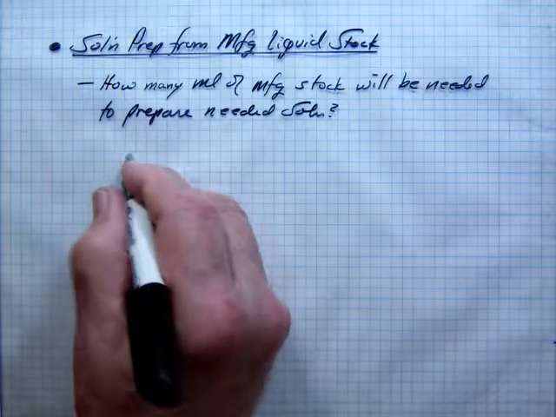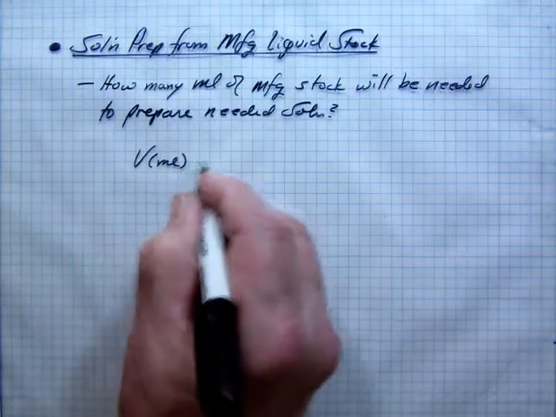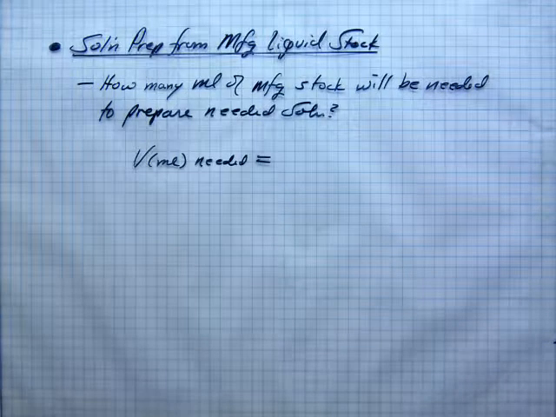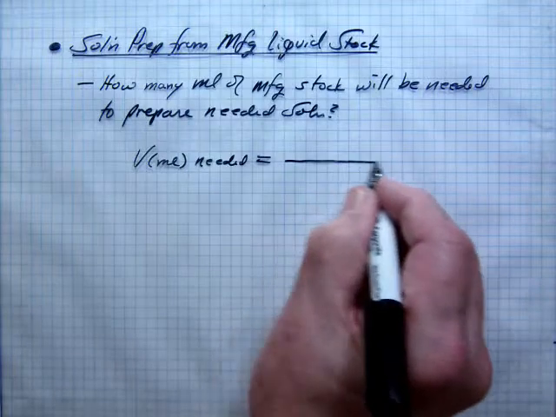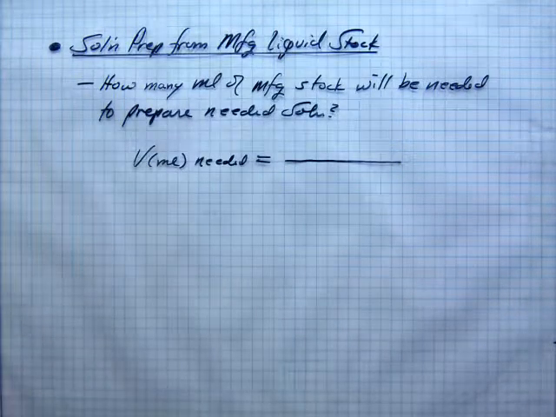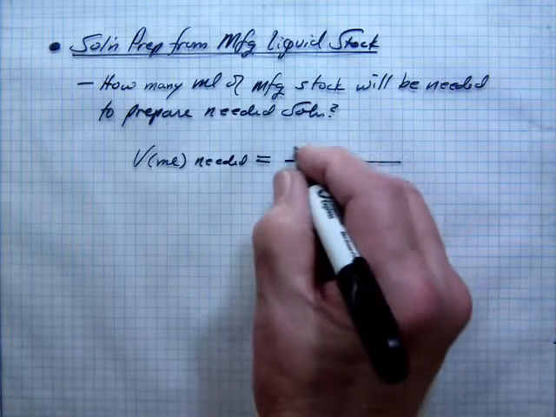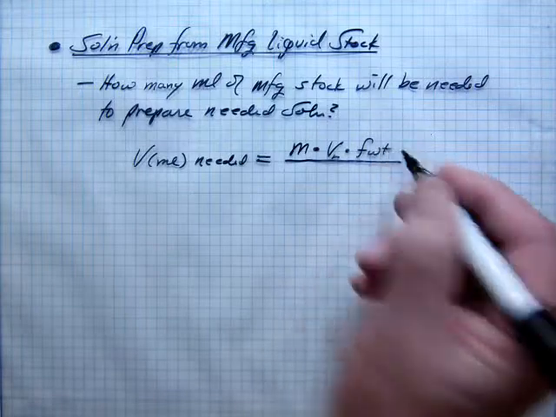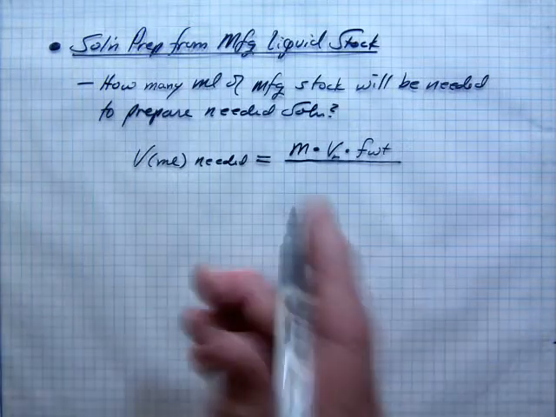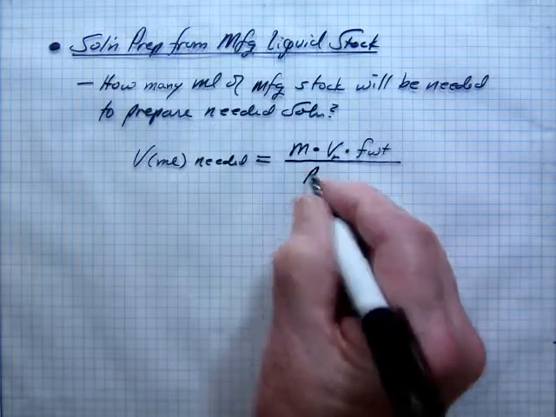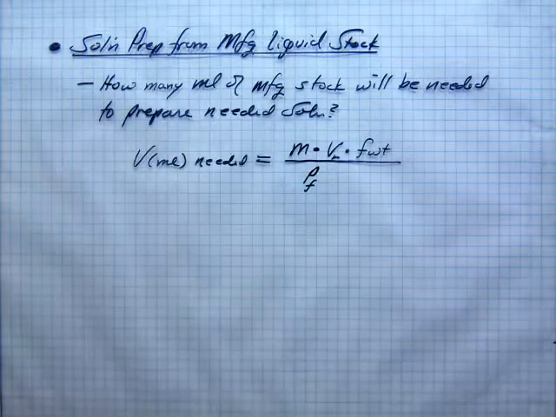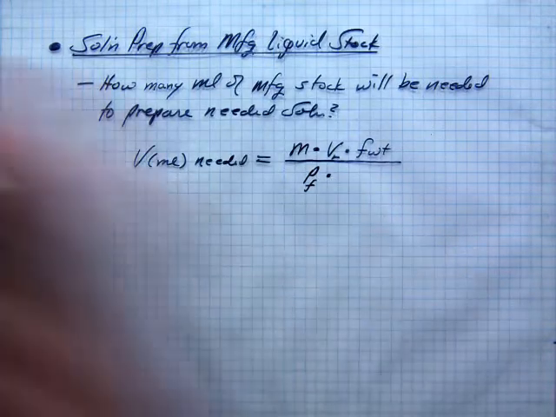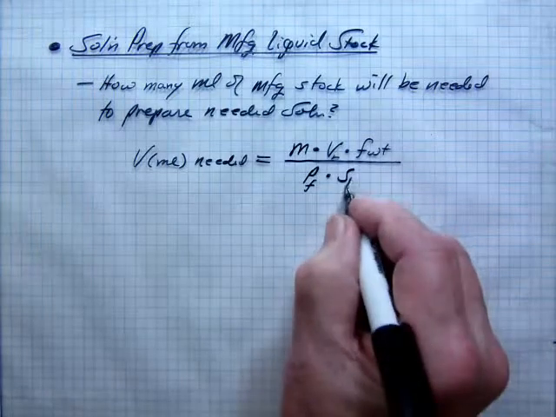So you use the expression volume in milliliters needed. When I write it out, you'll see it's almost identical to the grams needed. That's molarity times volume in liters times formula weight of the solute, the primary solute of the solution, and it's also divided by the purity factor, which is the concentration of the manufactured stock. But to get it to milliliters, you have to also divide by specific gravity.